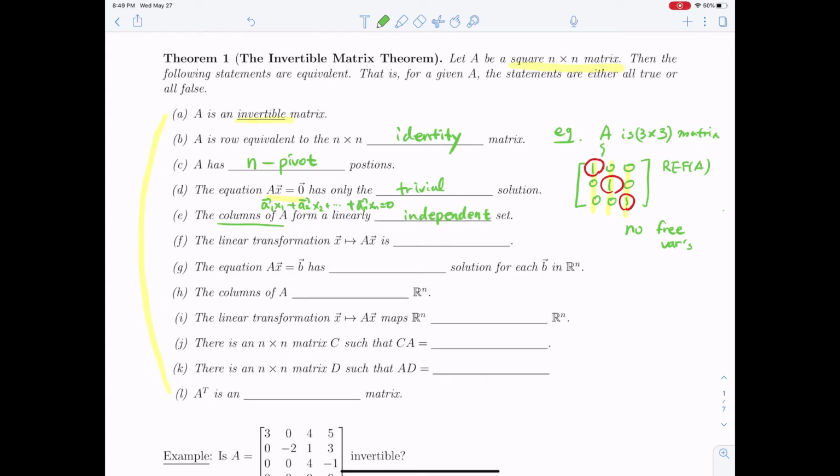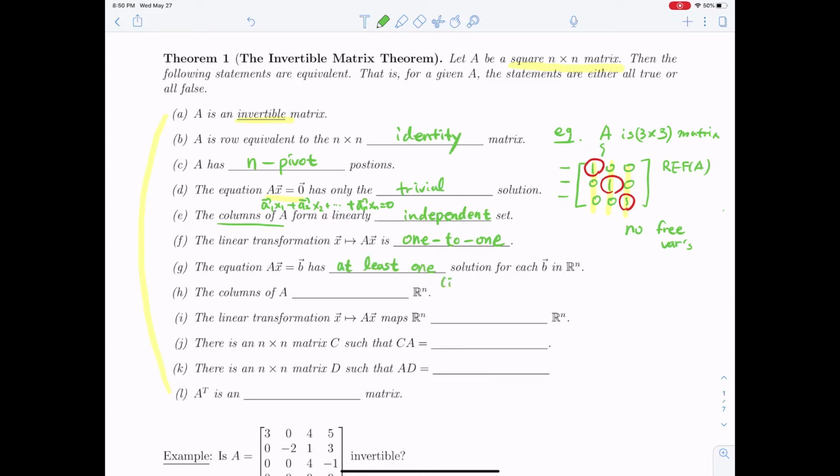And furthermore, if the columns of A are linearly independent, then the linear transformation associated to the given matrix should be one-to-one. For part G, we know that we have pivot positions for each row, which means the non-homogeneous equation Ax equals b has at least one solution for every b in Rn.